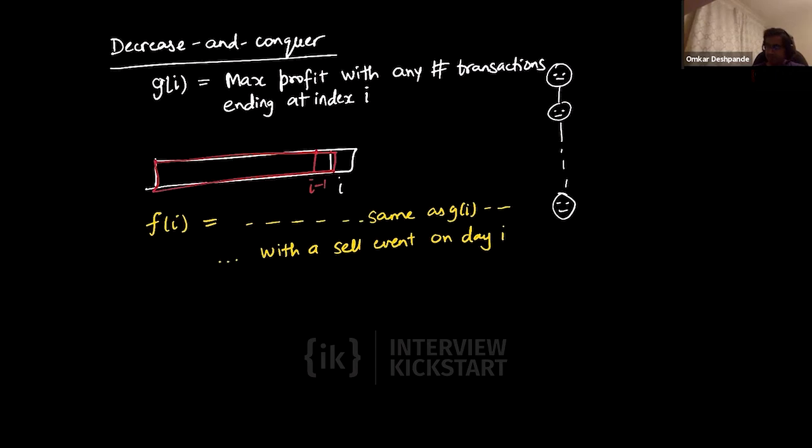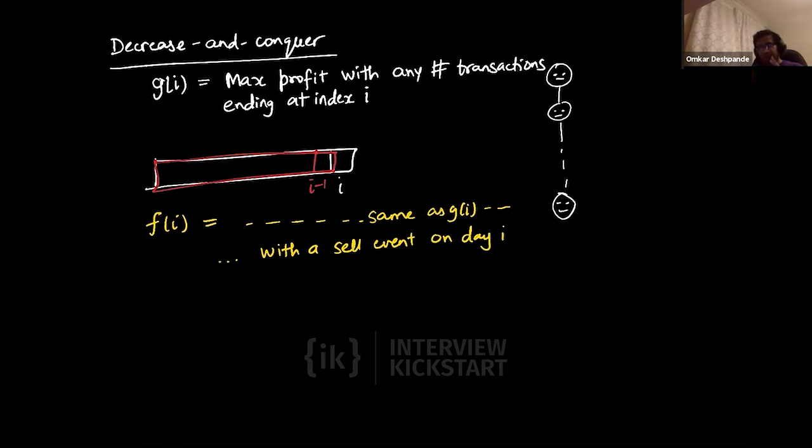So what does it mean for a sell event to happen on day 0? The only possible buy in that case would be on day 0. So if you buy and sell instantly, in all the other problems it doesn't have any effect. We don't even need to worry about whether that transaction is present or not.